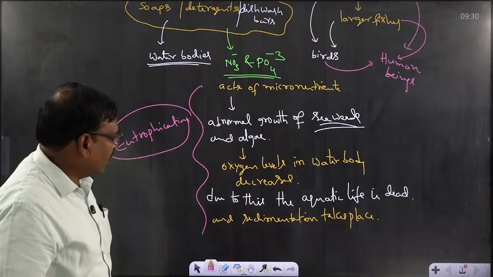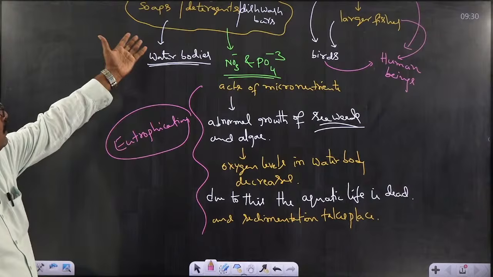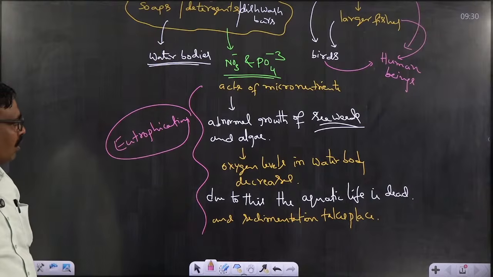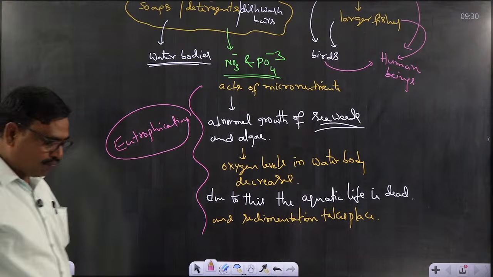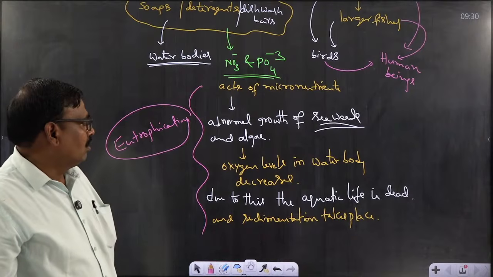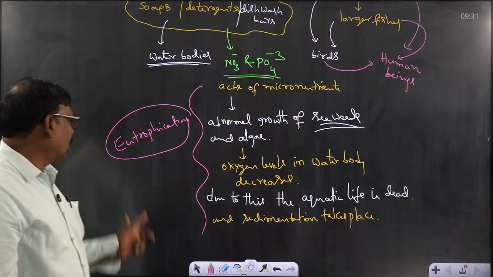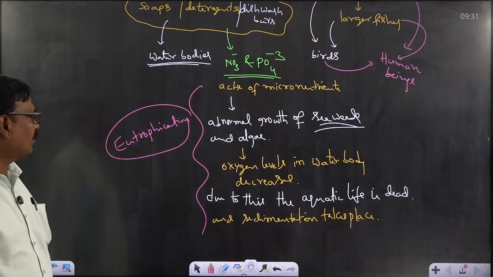Domestically released nitrates and phosphates, which are present in the soaps, detergents or dishwash bars, will enter into the water body. Gradual drying up of the lake and sedimentation takes place. This will affect the aquatic life, and that gradual drying up of the lake is known as eutrophication.